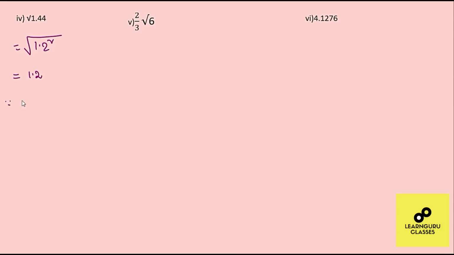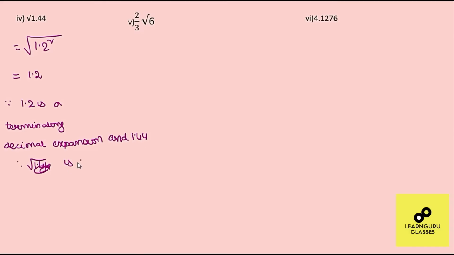So since 1.2 is a terminating decimal expansion, therefore root over 1.44 and 1.44 is a perfect square, therefore is a rational number.